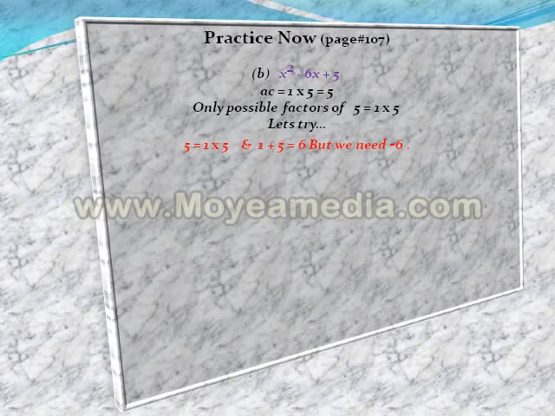Yes, minus 6, that is B. So 1 plus 5 is equal to 6, but we need minus 6. So this 1 and 5 so far is giving us a tough time. Let's play with it.